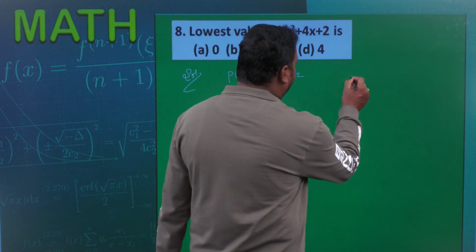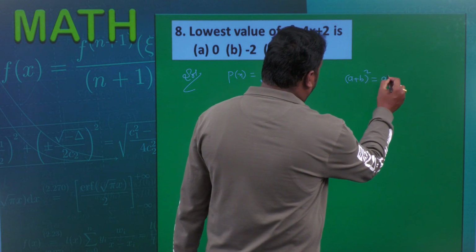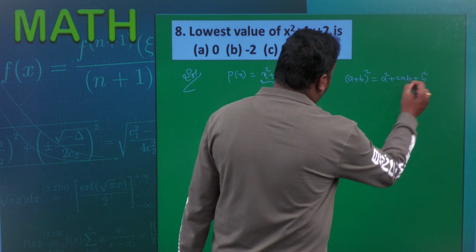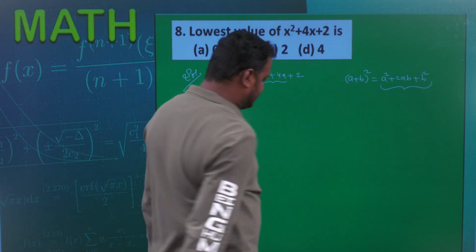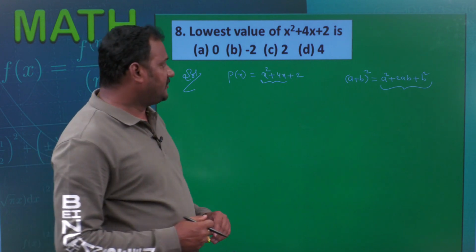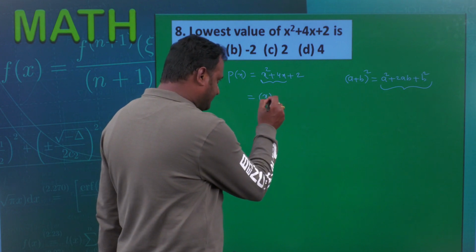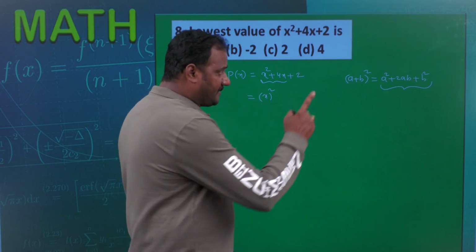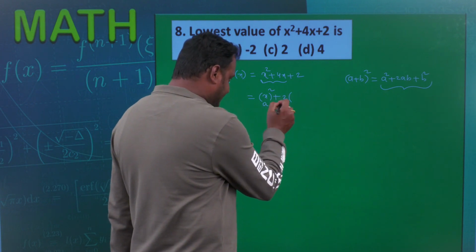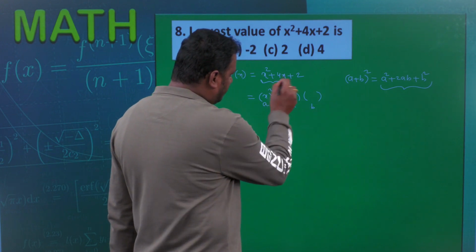What is the formula for a plus b whole square? a plus b whole square is equal to a square plus 2ab plus b square. So I am going to use this expansion in order to convert it into a square number. How is that possible? See here, writing x square as x whole square, that is a square, plus 2ab, 2 is 2, a was already decided, 2 into a into how much is equal to 4x.